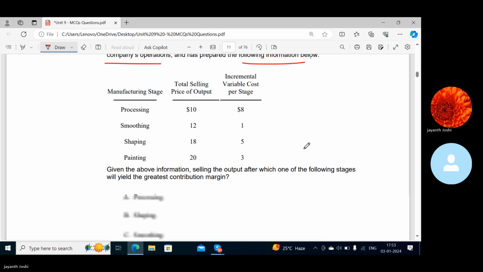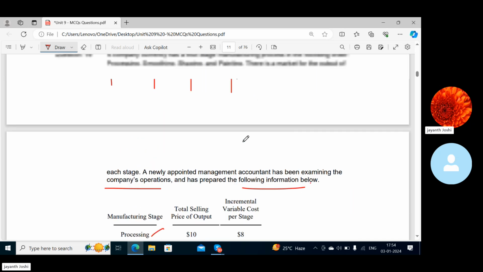Selling prices have been given for each stage. Incremental variable cost has been given, right? Incremental variable cost means if output is increasing, the cost is increasing. We haven't got any information about how much they are making.